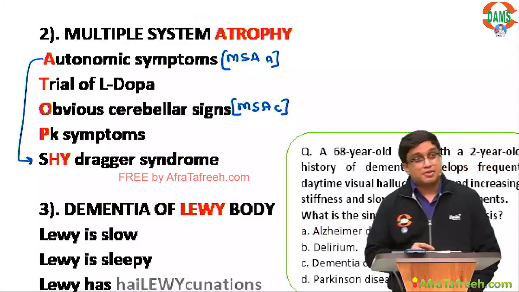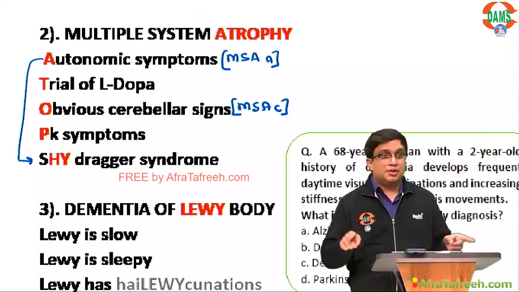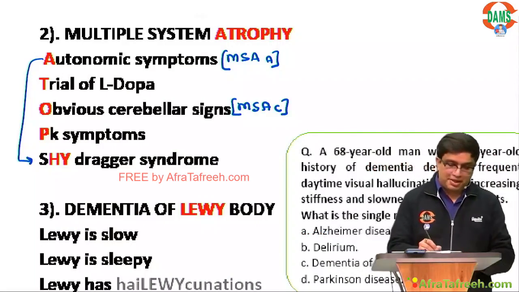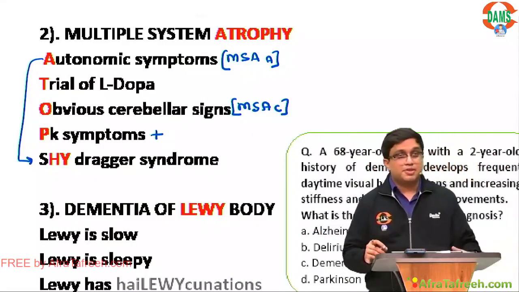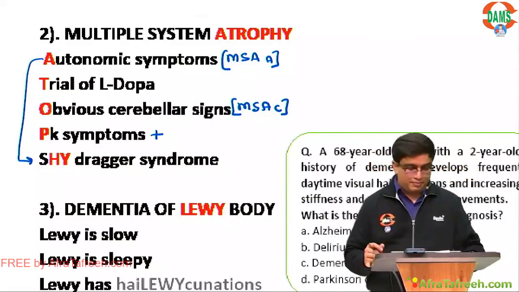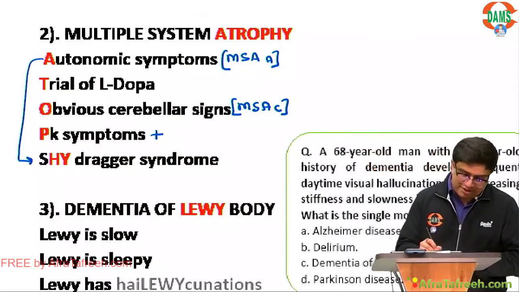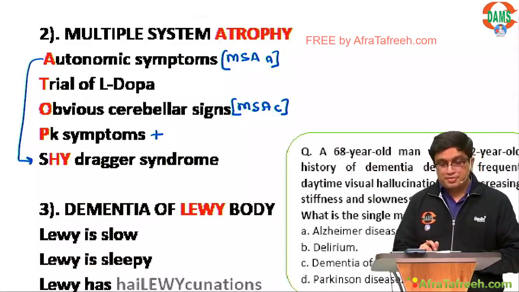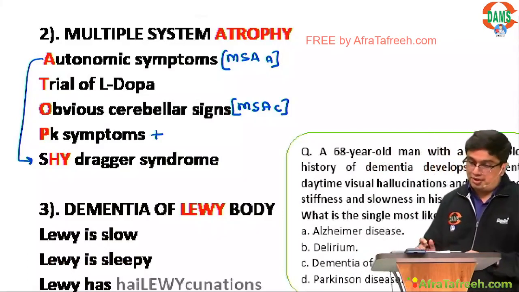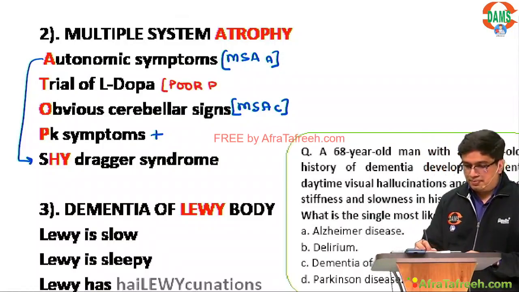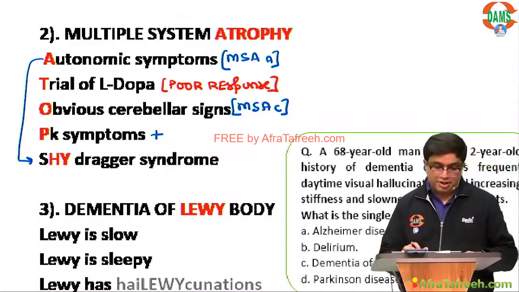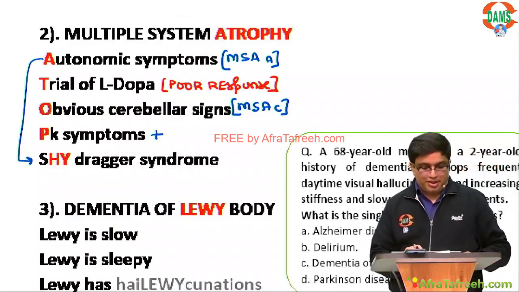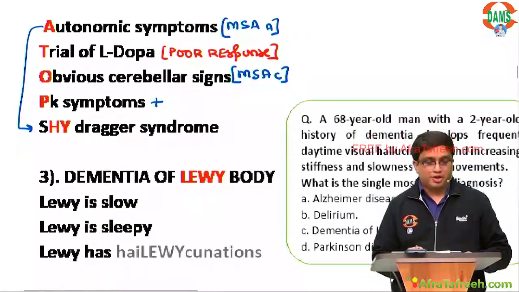In these patients, we have symptoms of Parkinson along with cerebellar symptoms and autonomic problems. Sometimes we might give them a trial of levodopa, but they usually don't produce good relief of symptoms. So trial levodopa, poor response. That is a patient of multiple system atrophy. Okay, known by a simple atrophy mnemonic.